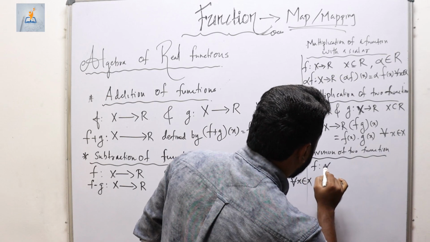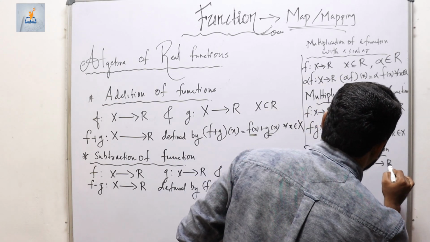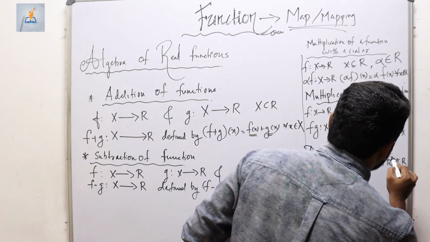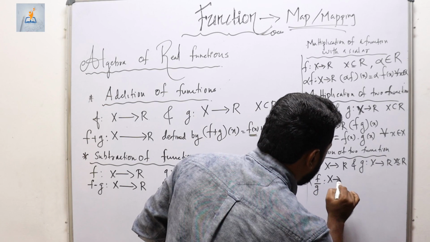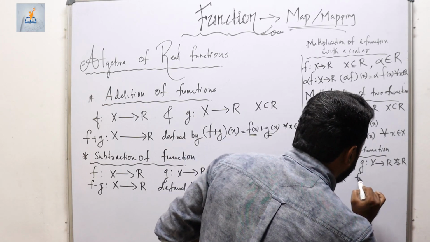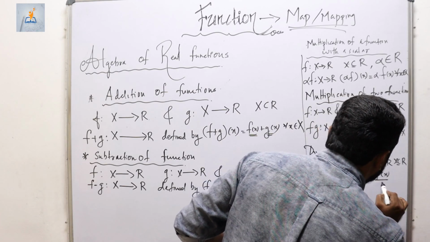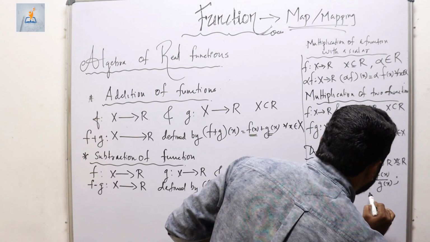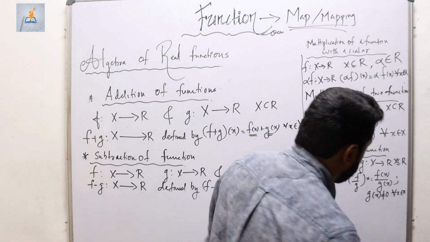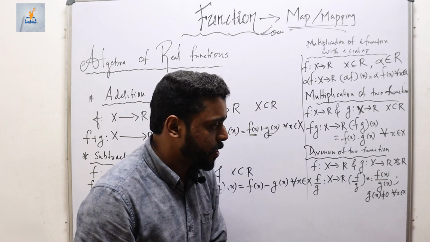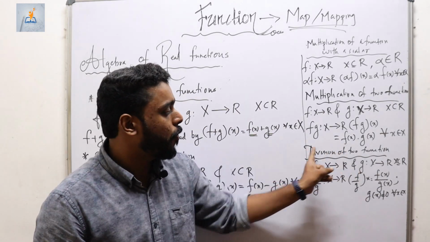Suppose that f is a function from X to R and g is a function from X to R, X is a subset of R. Then f by g is a function from X to R and it is defined by f by g of x is nothing but f of x divided by g of x, provided that g of x is not equal to 0 for every x element of X. Since when g of x is equal to 0, the function is not defined, so g of x cannot be 0 for any x. That is the only condition in division.